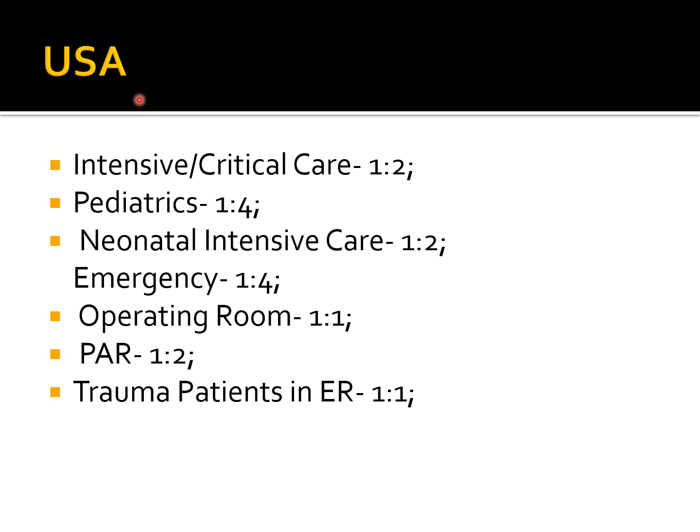Now we will see some of the international recommendations. First about the USA staffing norms. They provide intensive or critical area nurse patient ratio in 1:2, pediatric department 1:4, neonatal intensive care 1:2, emergency 1:4, operating room 1:1, post anesthesia unit 1:2, and in trauma patients ER 1:1.